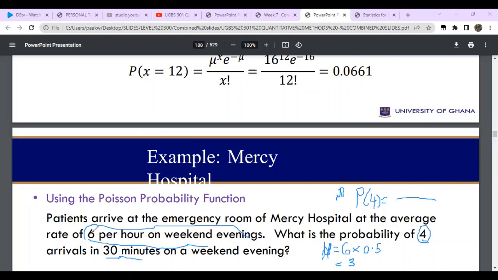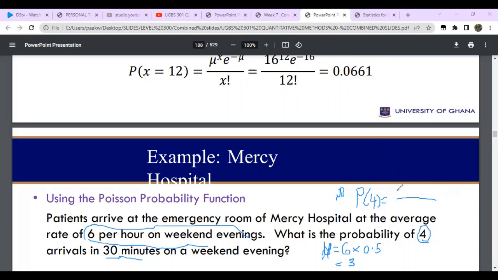We know our lambda to be 6. So we want to go step by step. We want to use the formula for Poisson. You get it? So can you help us?